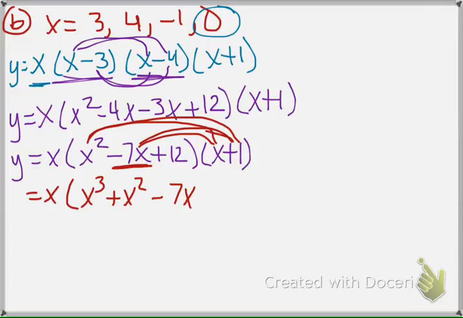That should be negative 7x squared. Thank you, sorry. And then it becomes a minus 7x, right? Mm-hmm. And then we have 12 times x, positive 12x, and then 12 times 1, positive 12.